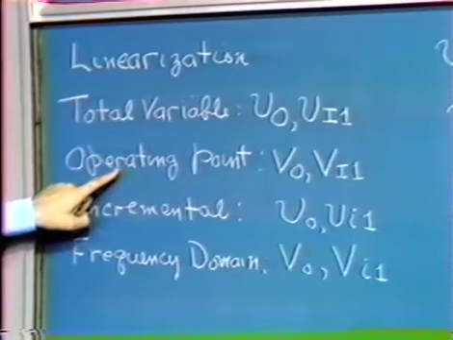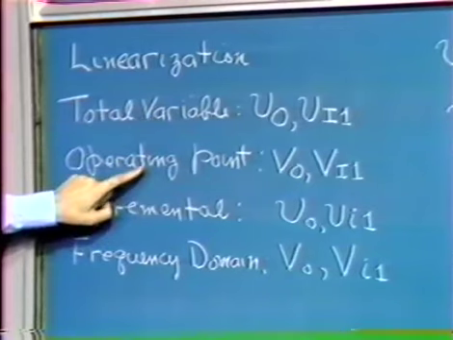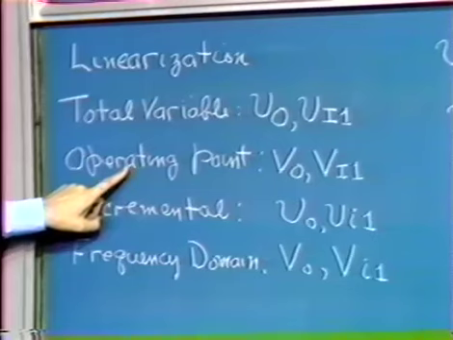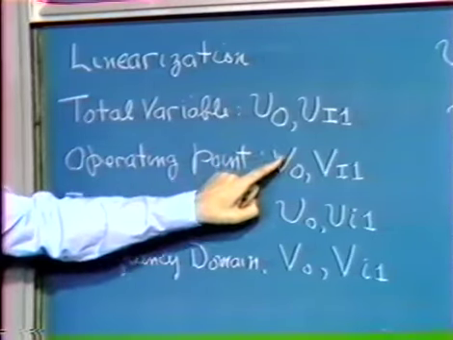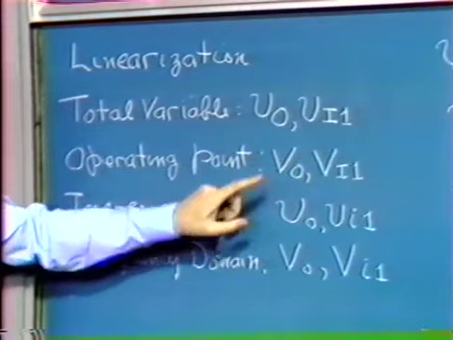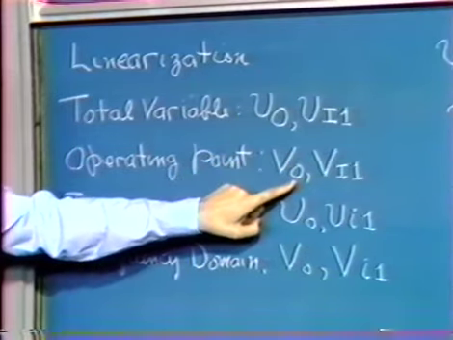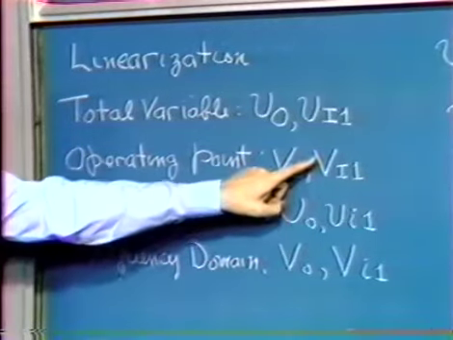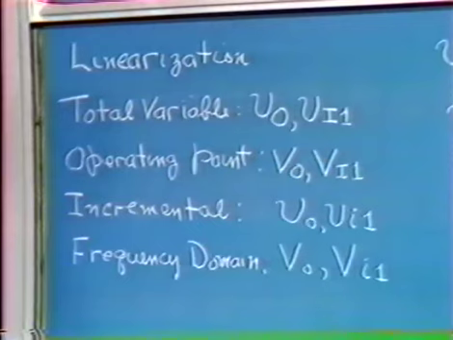If we can decompose a total variable into the sum of an operating point and an incremental component, we designate the operating point or the bias value of the variable with a capital variable and a capital subscript. So again, we have capital V sub capital O for the operating point associated with an output voltage, capital V sub capital I1 for the operating point associated with one of the input variables.